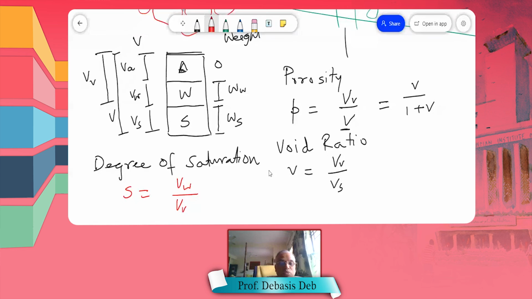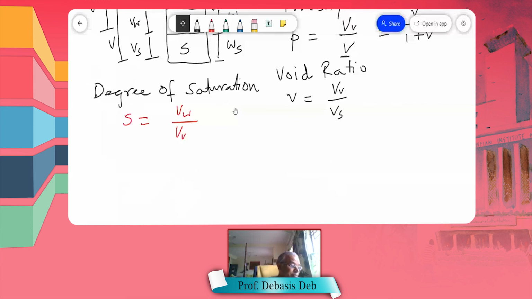Now we come to the weight side. These three are the definitions: porosity, void ratio, and degree of saturation. This is from the volume side. Now we can define towards the weight side.